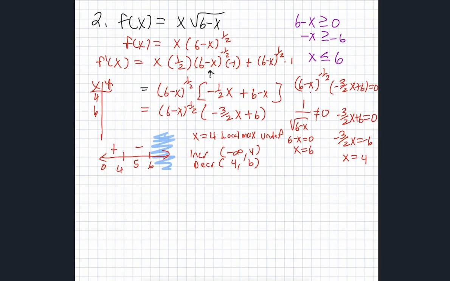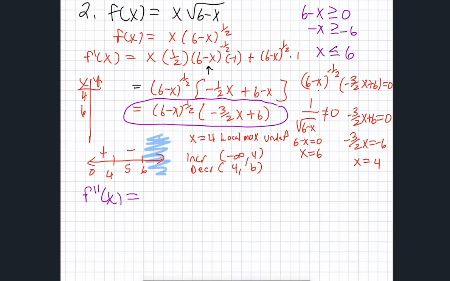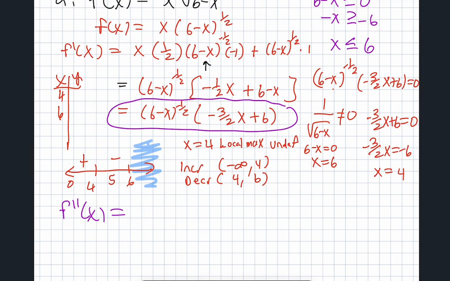Okay, now unfortunately we got to do the second derivative. Oh goodness. So I'm going to be looking at this, and I am going to have to do, unfortunately, the product rule again. It's a gross product rule, but we're going to do what we can do, okay?